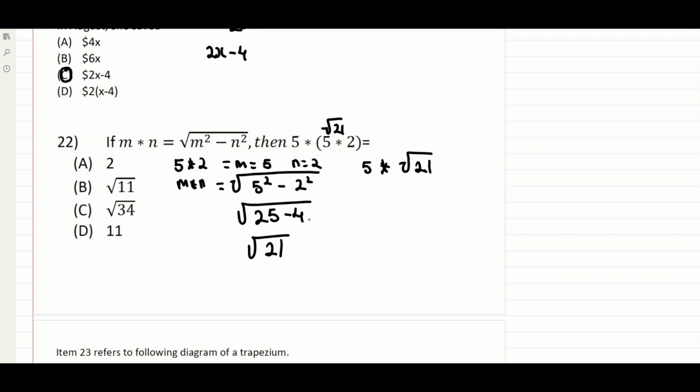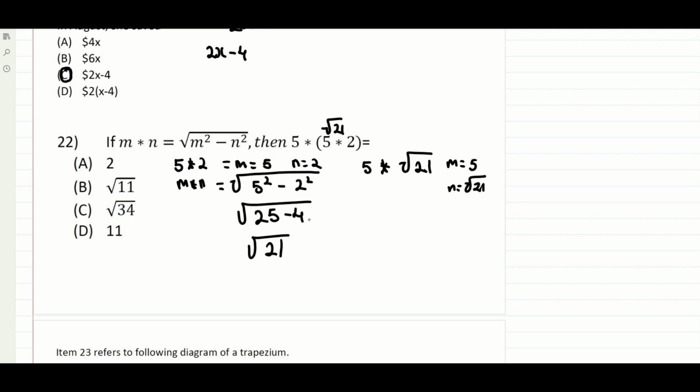Right? That means we know the first value, m is equal to 5, and n in this case would be the square root of 21.